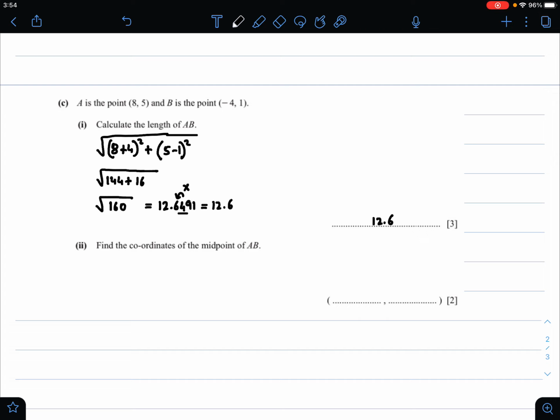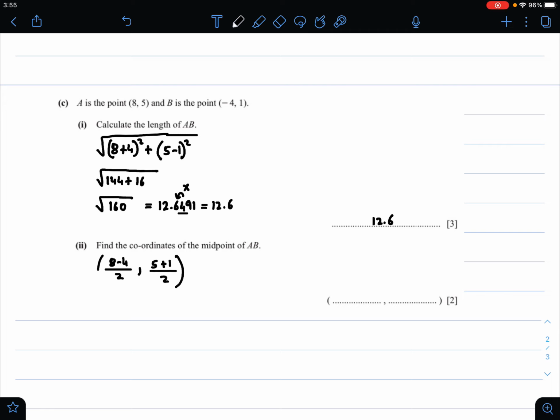Now let's move on to C part 2 of this question, where they are asking us to find the coordinates of the midpoint of AB. How we do that is, you can use the formula x1 plus x2 divided by 2, comma, y1 plus y2 divided by 2. So 8 minus 4 divided by 2, comma 5 plus 1 divided by 2.